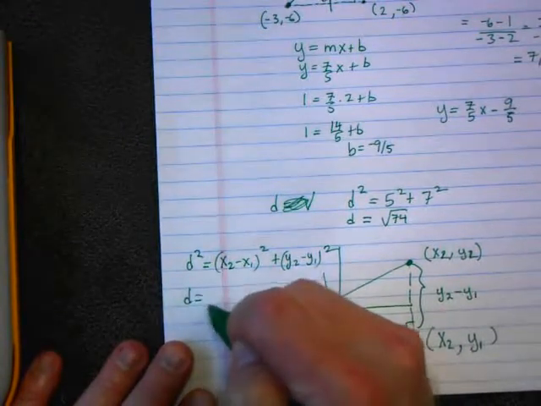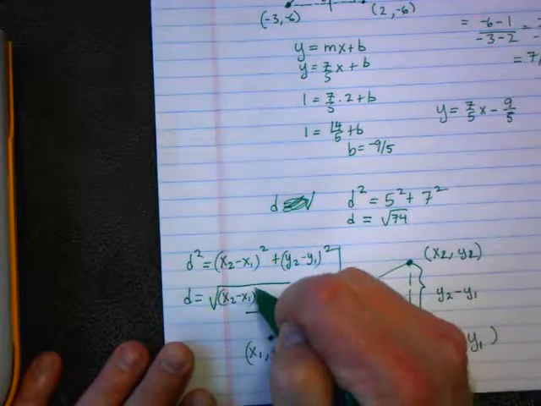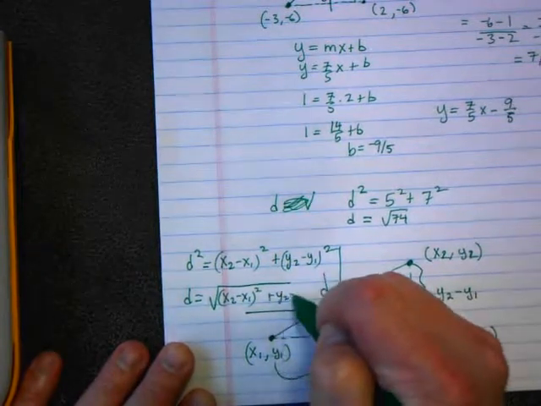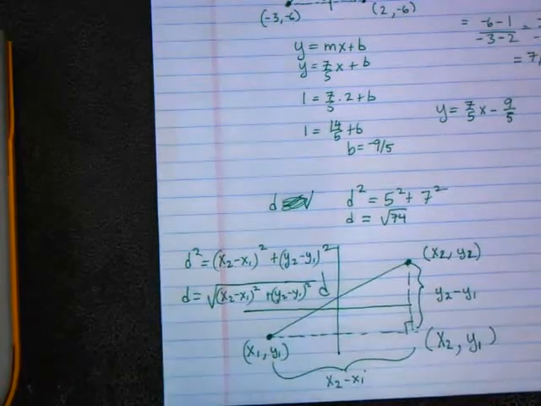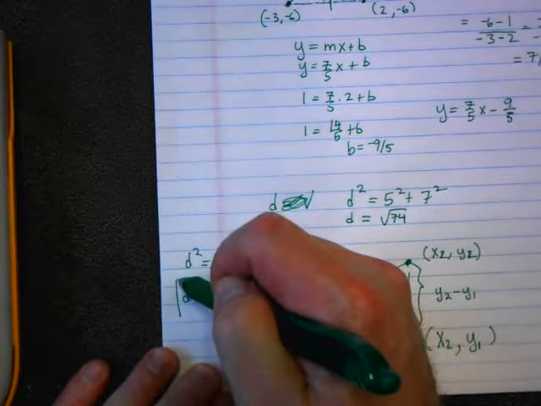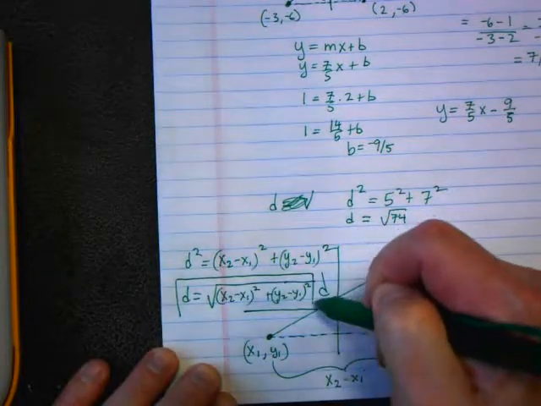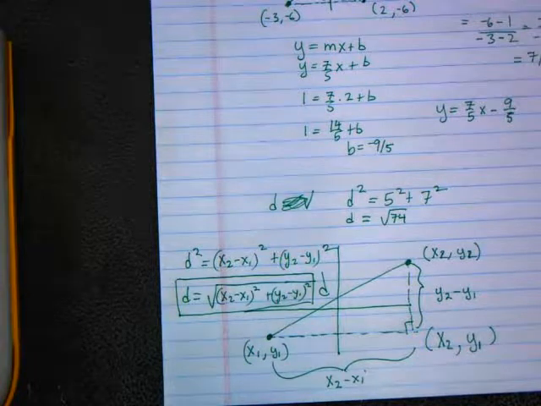So this is known as the distance formula. The distance between 2 points is given by the square root of x2 minus x1 squared plus y2 minus y1 squared. So if you have any 2 points at all, you can find the distance using that distance formula.